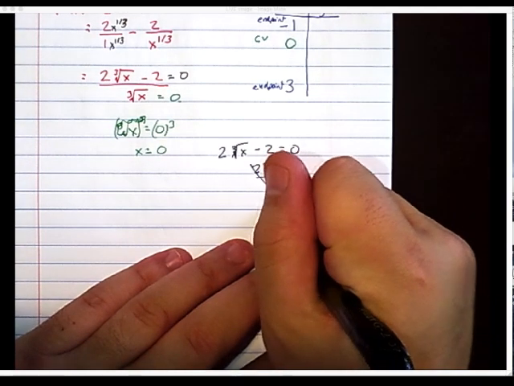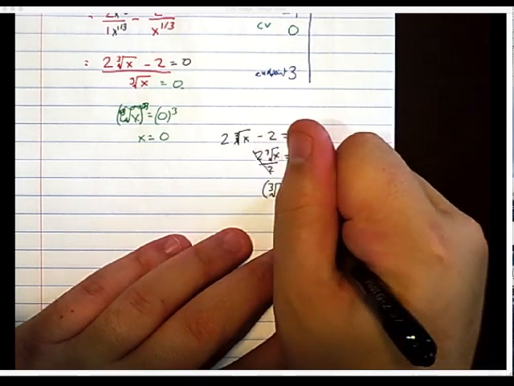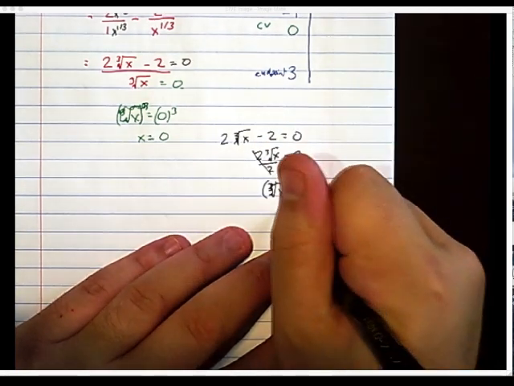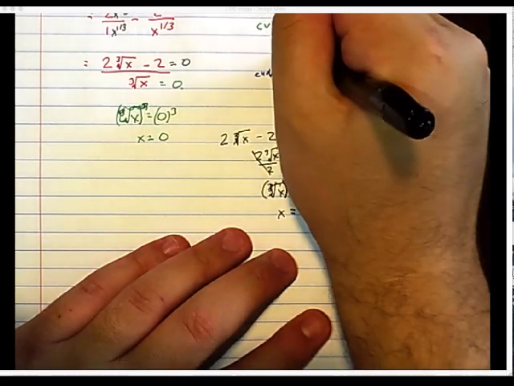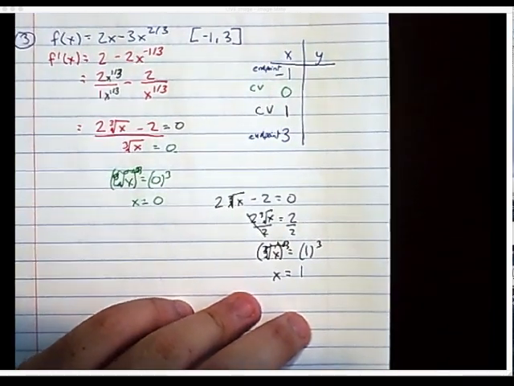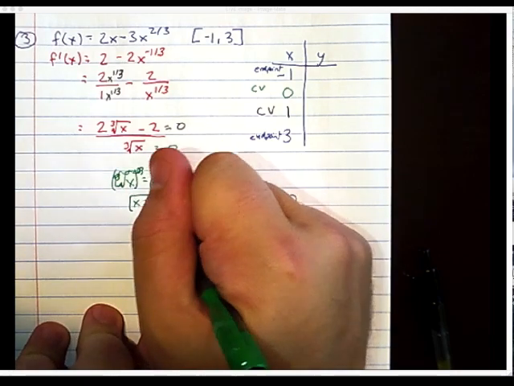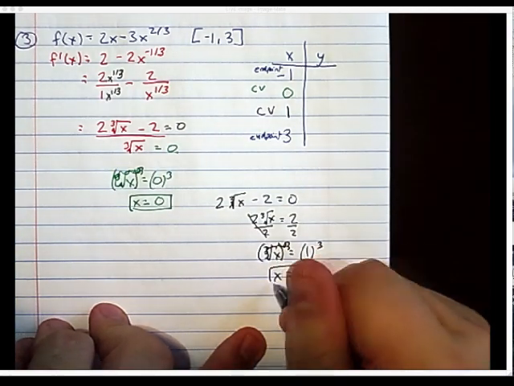So now I get cube root of x equals 1. Now let's cube both sides. Okay. So hopefully you know that 1 cubed is still 1. So 1 is a critical value. So there's 2 critical values here. The derivative is undefined at x equals 0, and the derivative equals 0 at x equals 1.